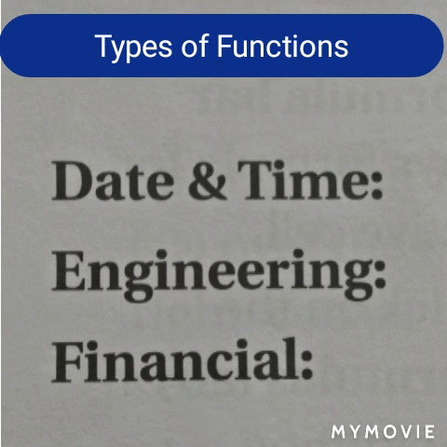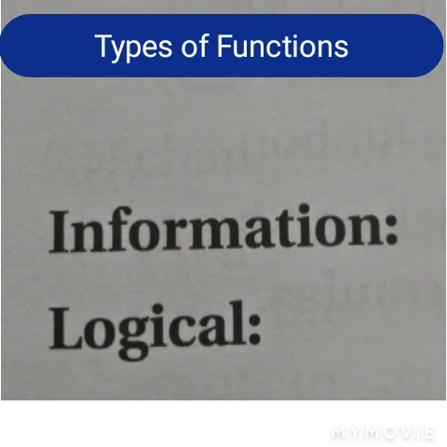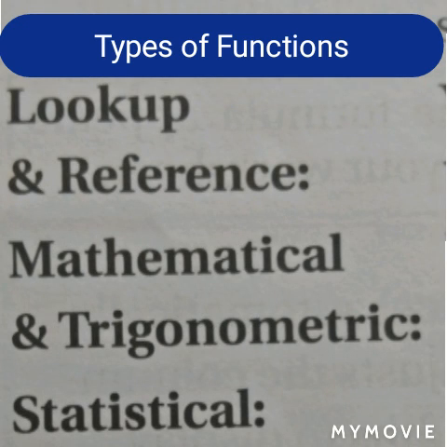The financial function is for calculating and tracking loan principal, interest, depreciation, and future values. The information function is used for testing our data, and the logical function is used for logical statements such as if-then statements. The lookup and reference function is used for locating references or specific values in our worksheets.